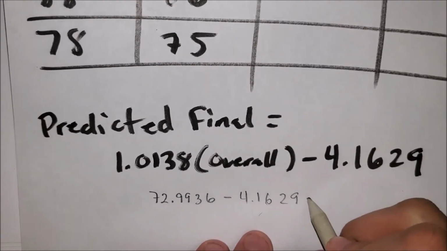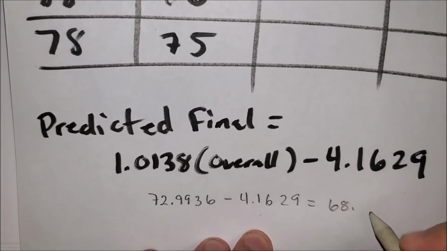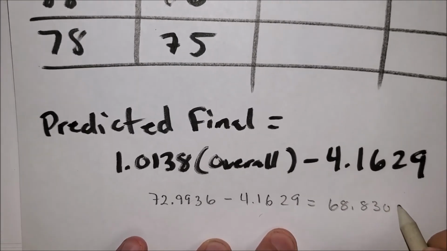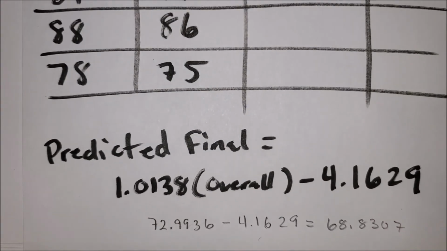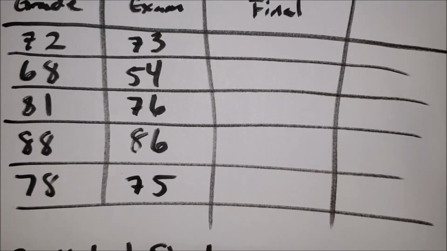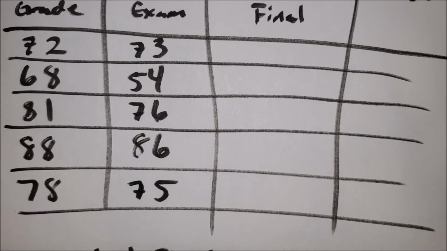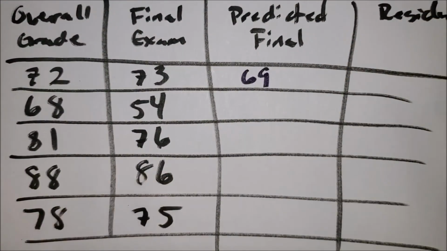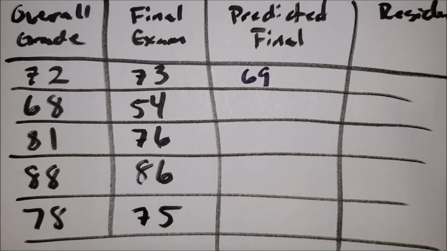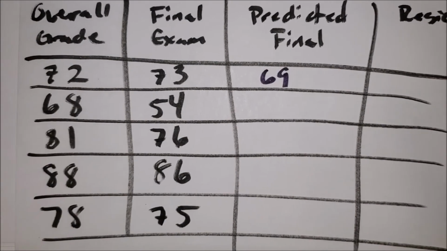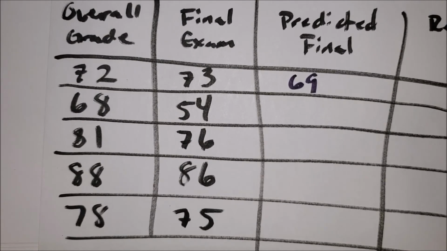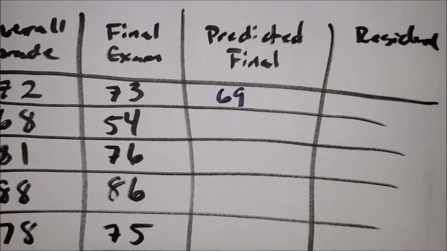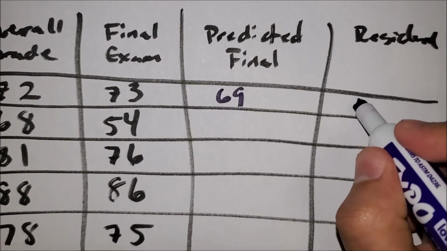And this gives us 68.8307. So the predicted grade would be about a 68 or 69. And if we look at our residual, the actual grade is 73, and the predicted grade is 69. So our residual would be 4.